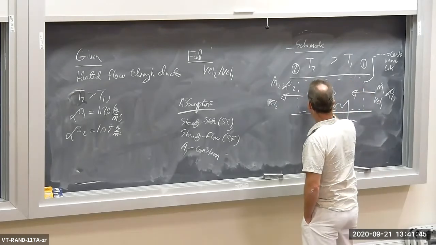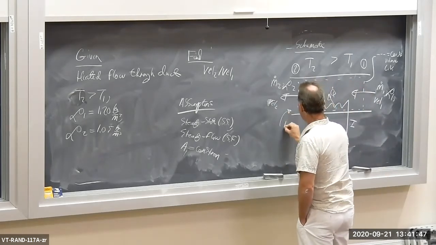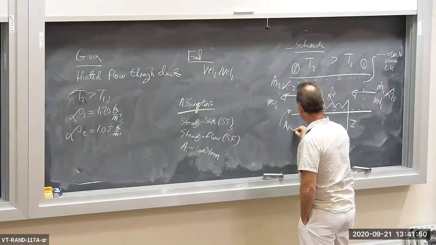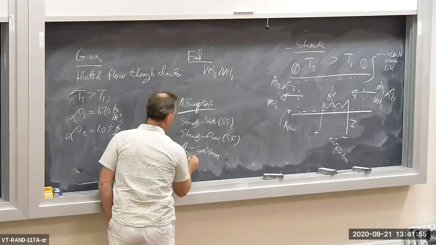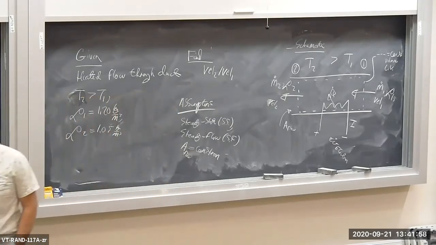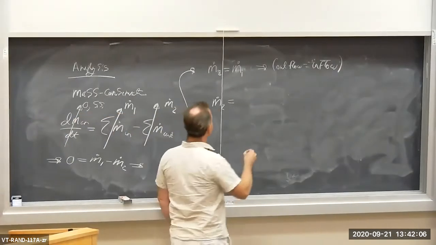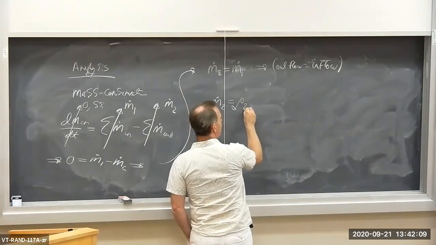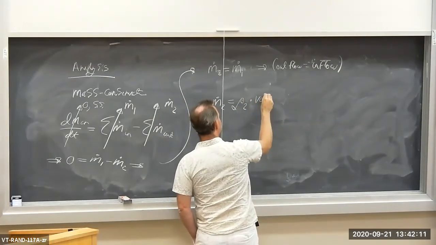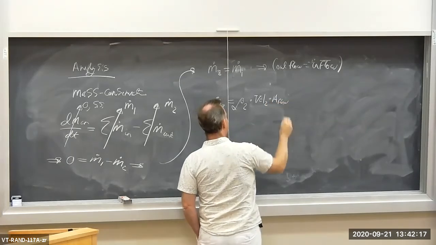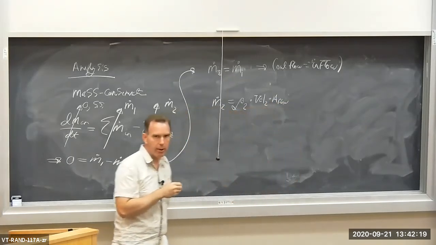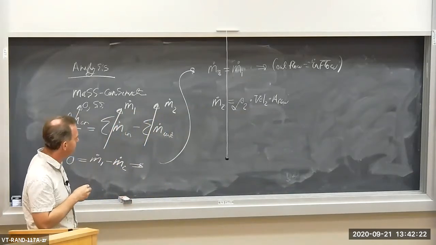There's some kind of flow area, and we're assuming this flow area is constant because the duct is assumed to be constant area. So m-dot 2 is equal to the density at location 2 times the velocity at location 2 times the flow area at location 2, which is equal to the flow area A_flow. We're assuming it's all the same.